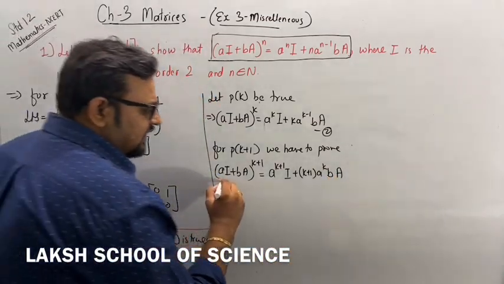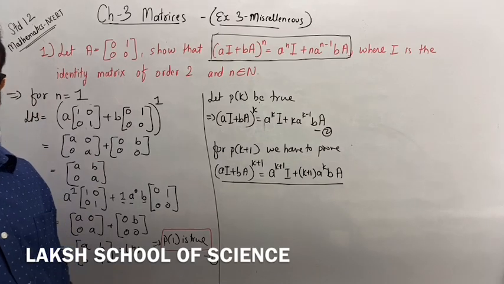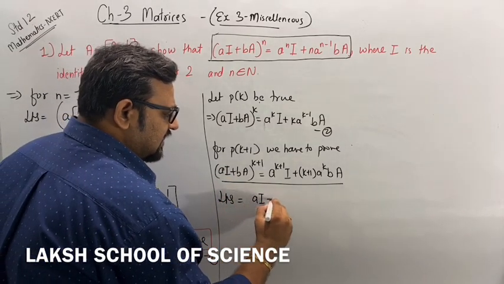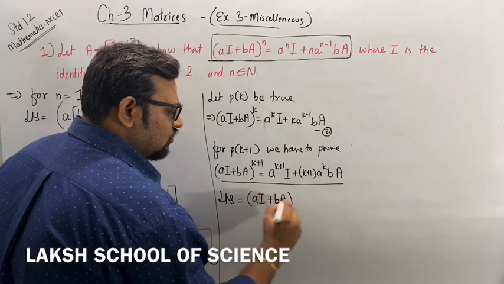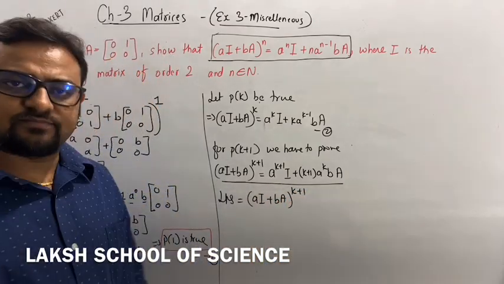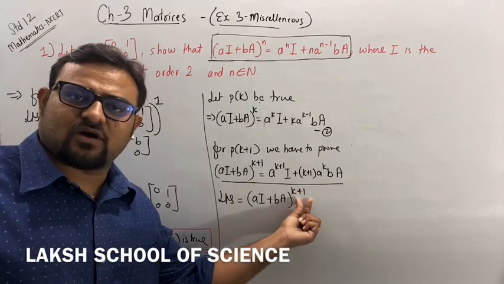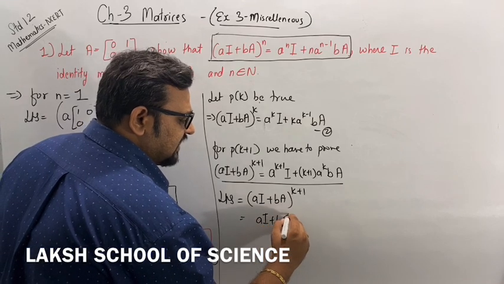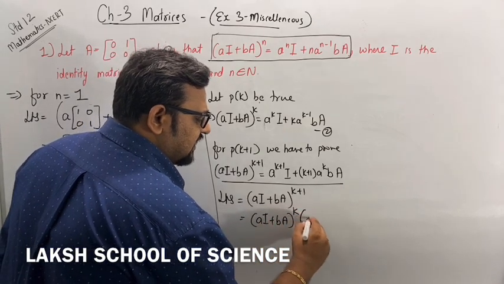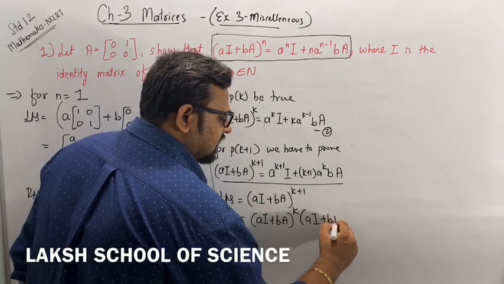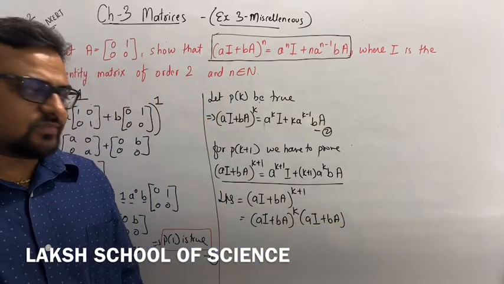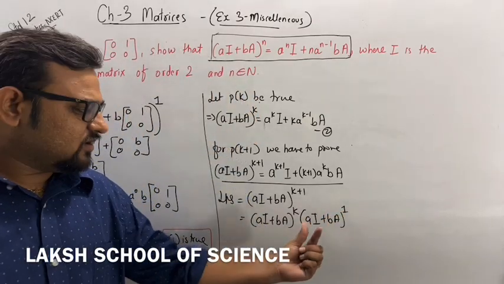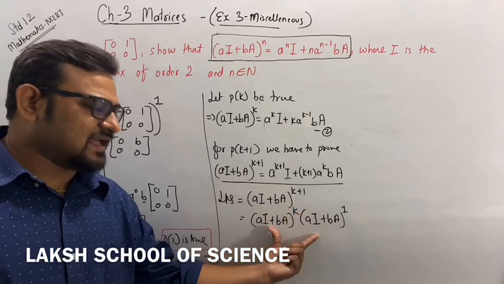Okay, we need to prove this. Clear? So let's check LHS: (AI + BA) whole raised to k plus 1. Now we can separate this power. How? (AI + BA) whole raised to k into (AI + BA). Clear? So k and this power 1, we did not write it. So this we have just expanded.